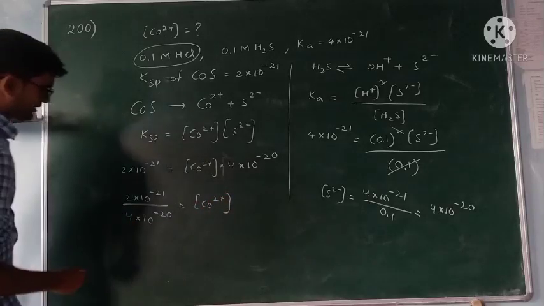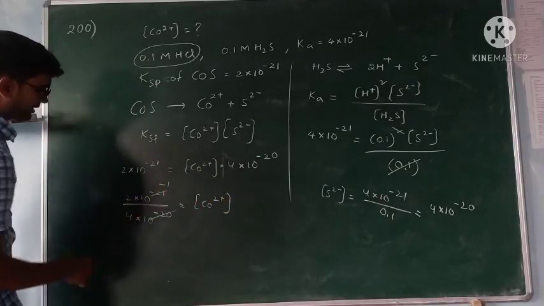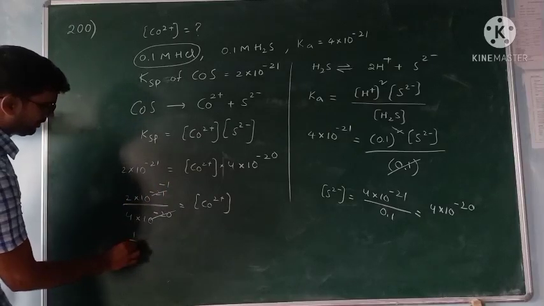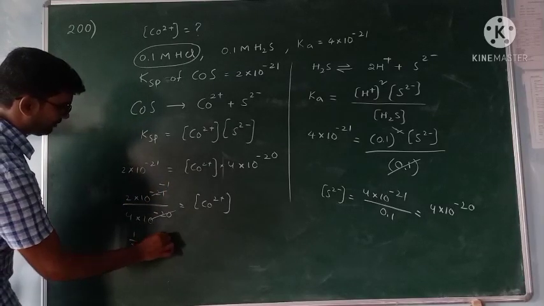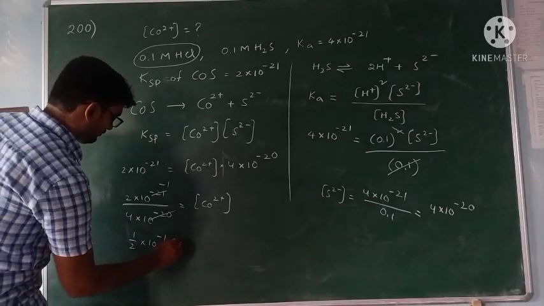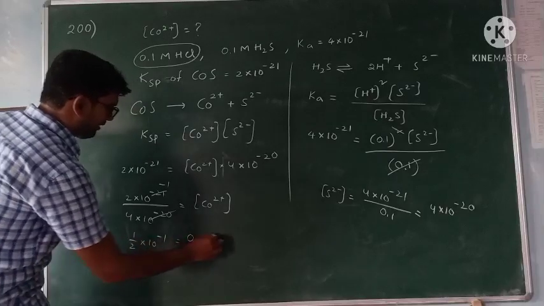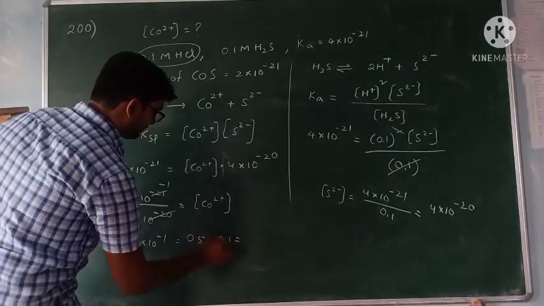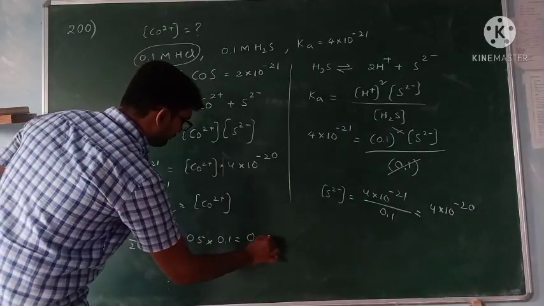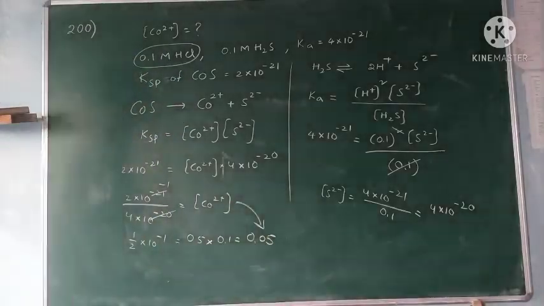Minus 20 cancels, leaving minus 1. 2 by 4 is 1 by 2, into 10 to the power of minus 1. 1 by 2 is 0.5, and 10 to the power of minus 1 is 0.1. So 0.05 is the answer.